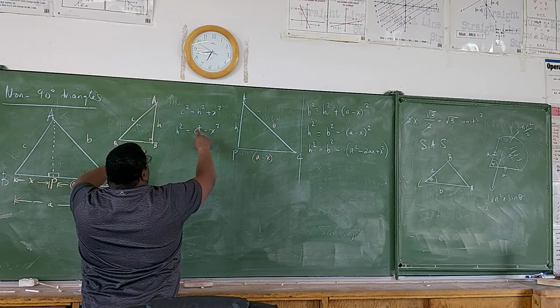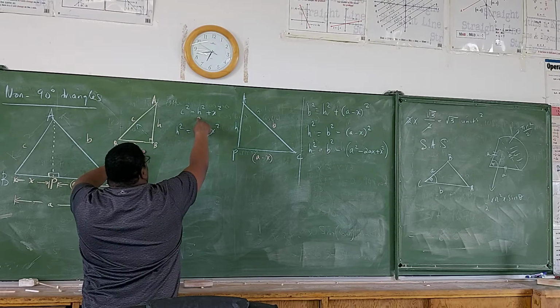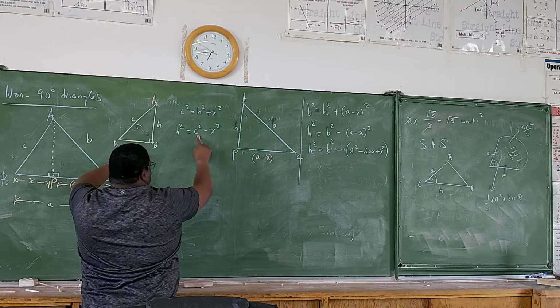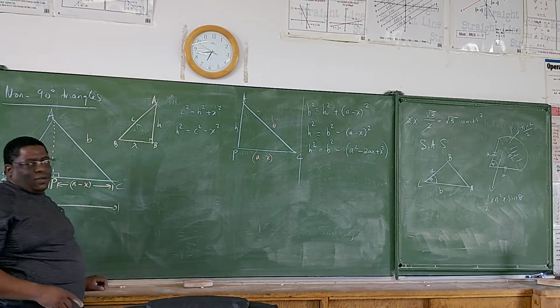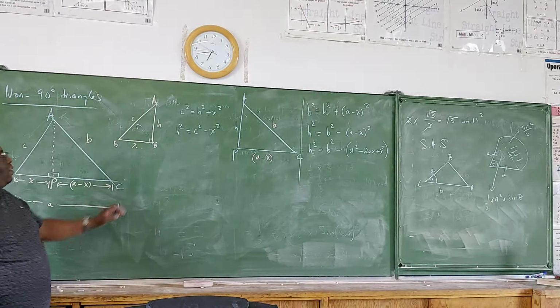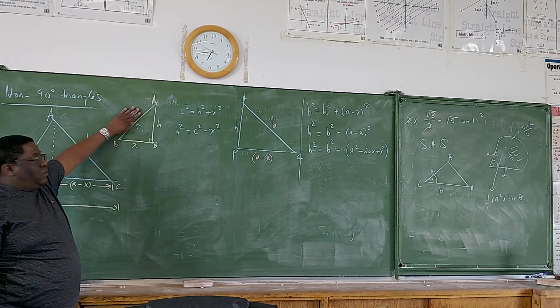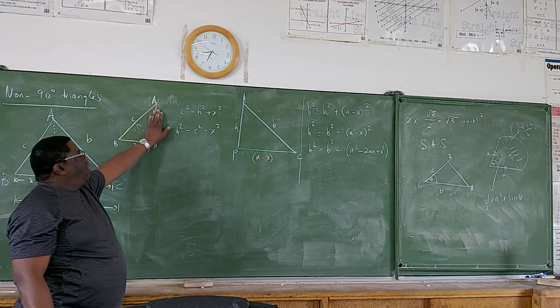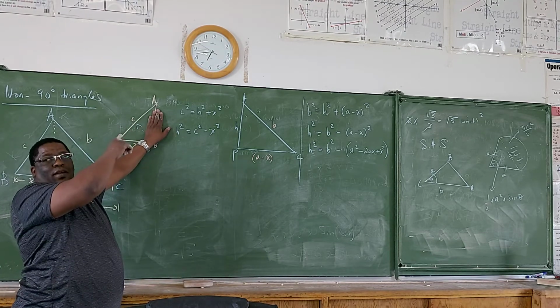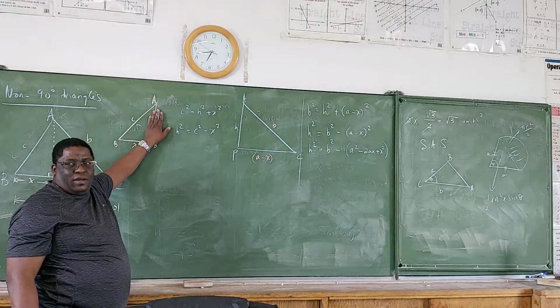So the x squared is positive. Why? The c is c. If I look only for this, it will be the hypotenuse, which is c squared minus x squared.